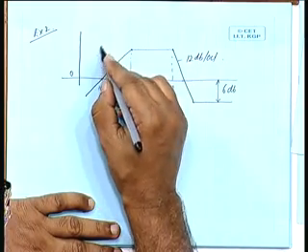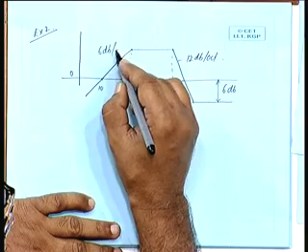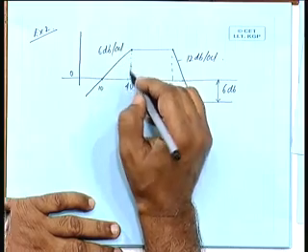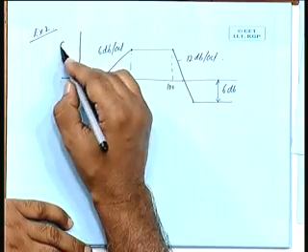This is 6 dB per octave, almost a similar problem. This is dB gain.